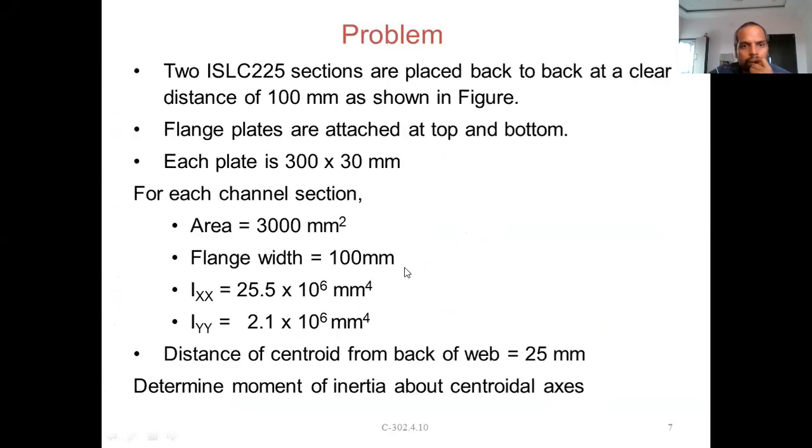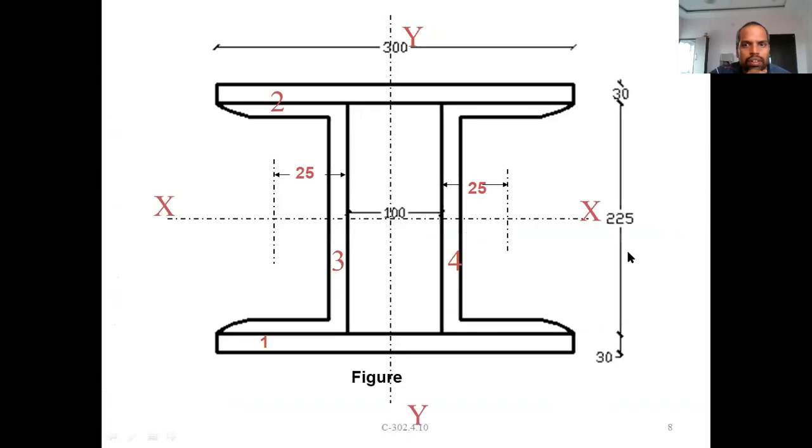Okay, so this is the problem, 225. Now this is the given figure. Of course, in whatever we have discussed previously about the calculation of centroids, the values may change, but the procedure remains the same. So forget about these values.